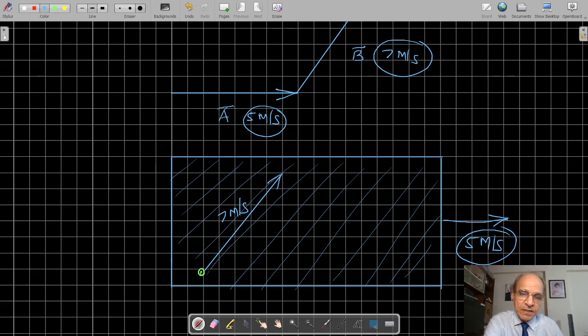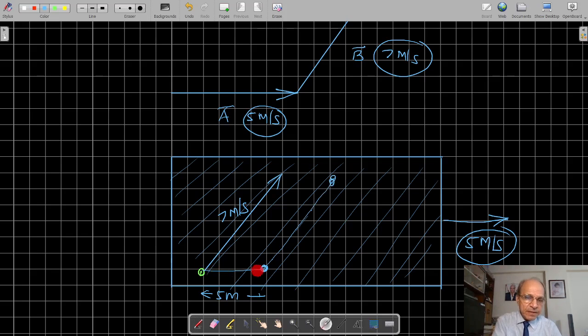So after 1 second, where will the person reach? After 1 second, the person will reach this place, which is 5 meter from here, because the platform has moved 5 meter, as well as the person has moved 7 meter in this direction. So where is the person finally?